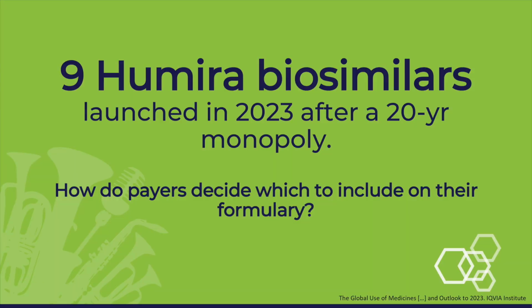This is great for innovation. This is great for competition among pharma companies. This is also great for patients, right? There are more alternatives, lower cost alternatives to Humira available for a treatment plan. But where this comes into play for our payer organizations is that a health plan is not going to include Humira as well as all 9 biosimilars on their formulary.